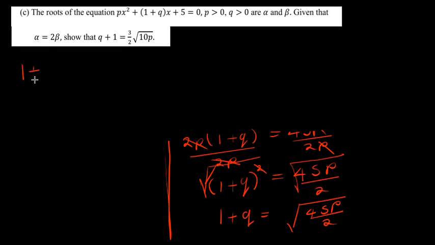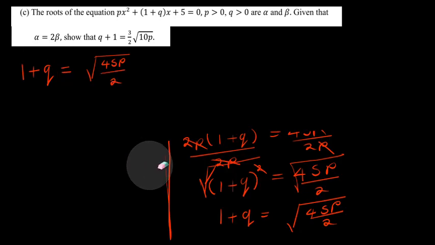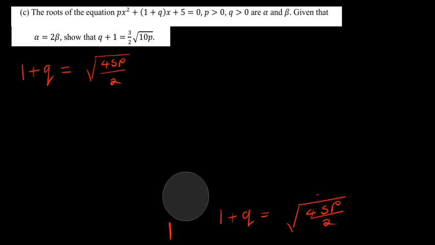So this is 1 plus q equal to the square root of 45p over 2. So that is a square root there, right? Then after that, we use what we call surds. In surds, if you remember, this is 45.